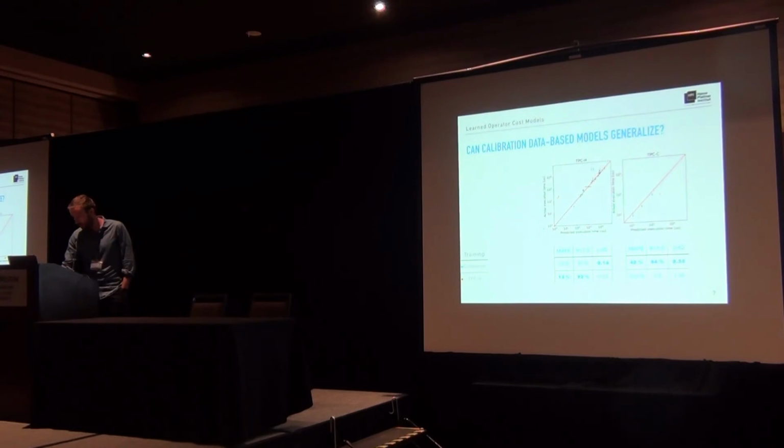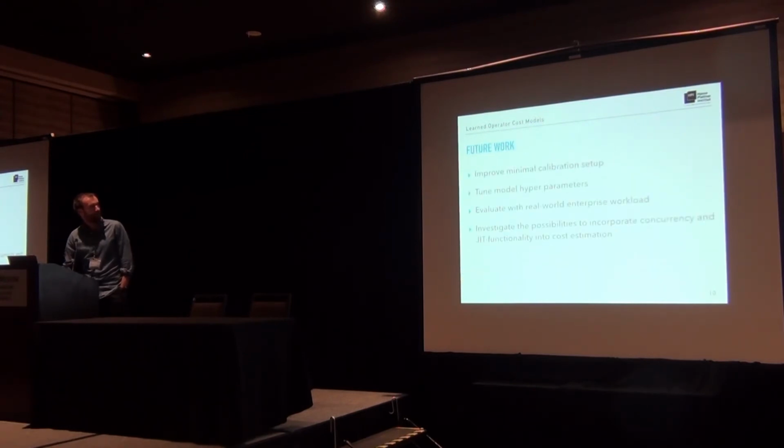Running short on time, we are skipping the last part on the evaluation, and I just want to quickly go over the next steps in our work on that. First, we want to improve the calibration data and curves we are generating to speed up the process of generating observations for training the models even further.